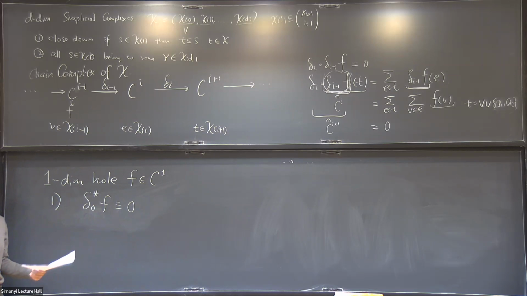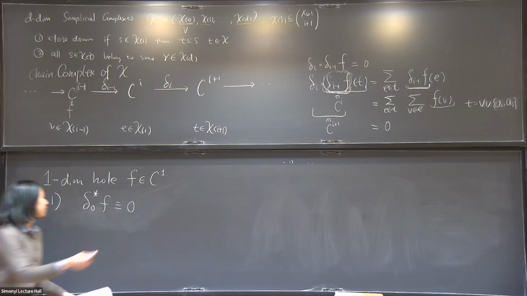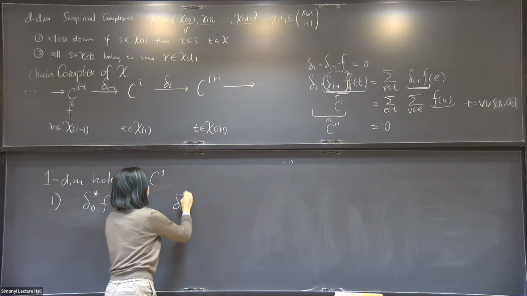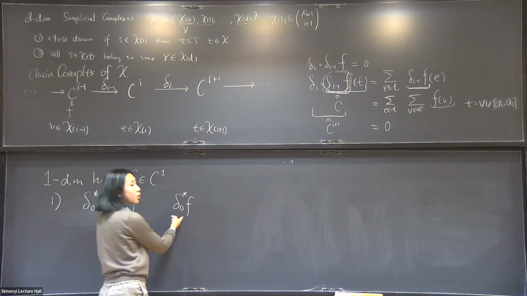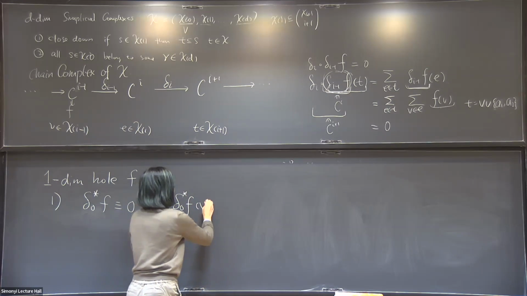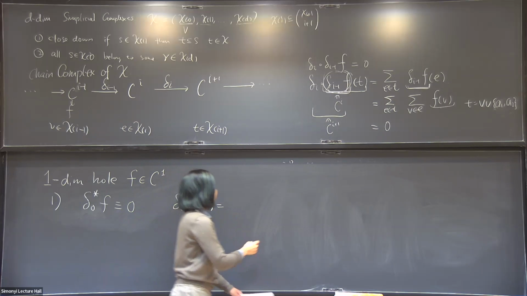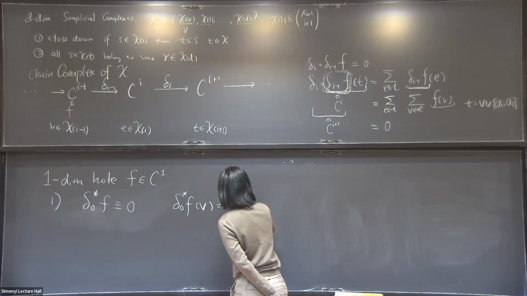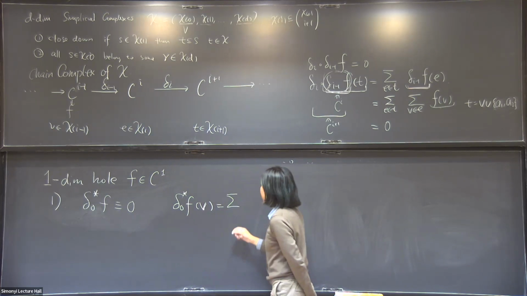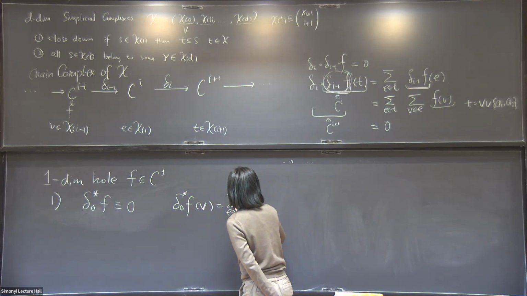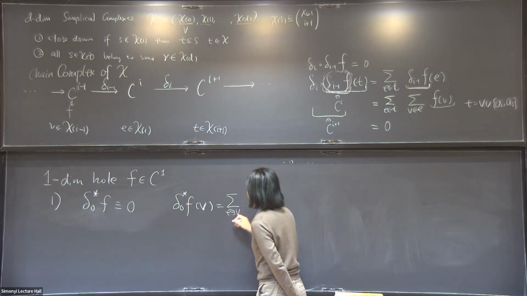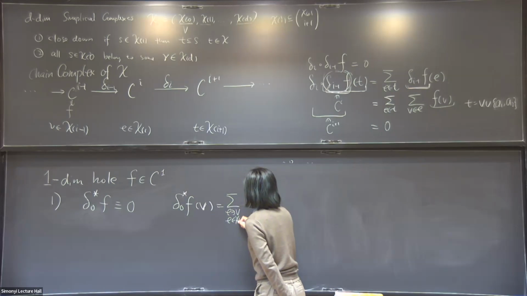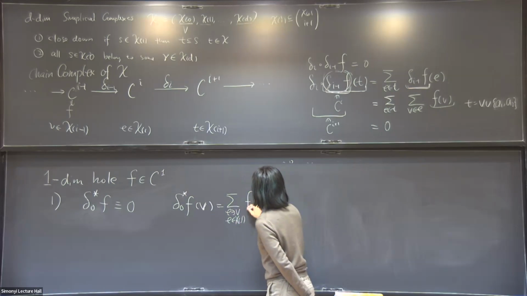We just transpose the matrix delta 0, which means that delta 0 f is a function over the vertices. And if we write it out fairly clearly, we consider all the edges adjacent to this vertex, and edges need to be inside this simplicial complex, and f of b.